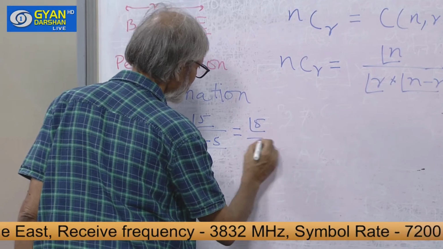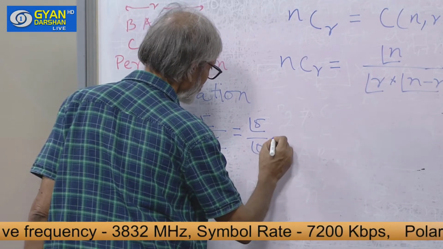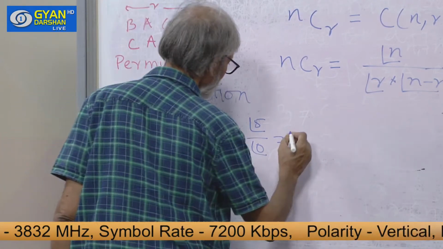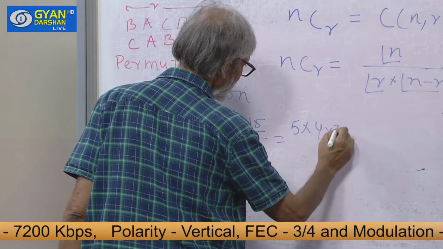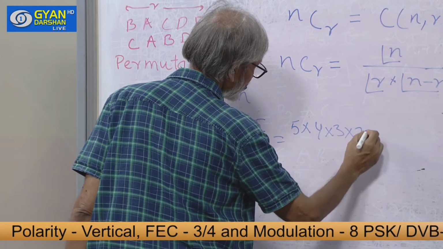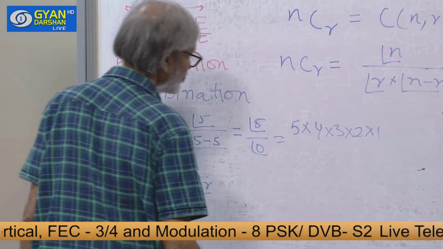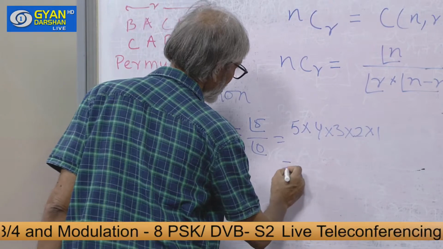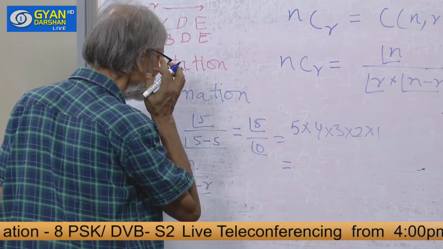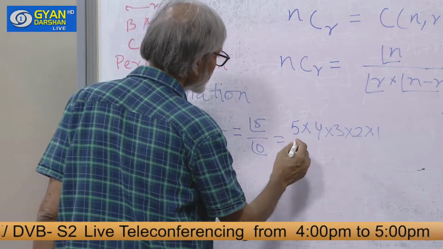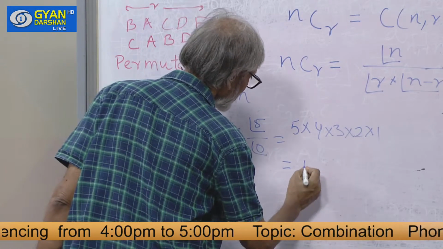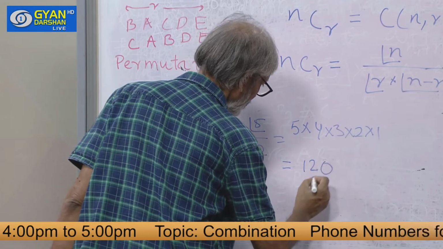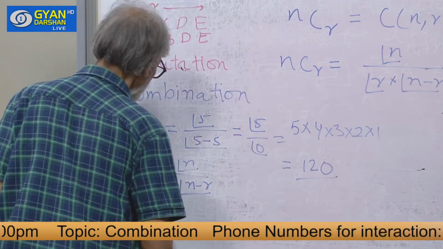So, factorial 5 divided by factorial 0 will be equal to 5 into 4 into 3 into 2 into 1, which is 120, such a large number.